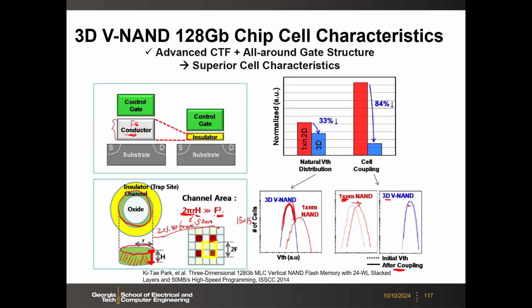The reason is that here the coupling is also reduced because from cell to cell, the distance now is much larger, which is determined by the edge. It's no longer 15 nanometer. It's, you know, tens of nanometer or even 100 nanometer. So it's much thicker. The coupling is also much reduced, and you get more electrons. You get less coupling. Those two critical problems solved, right, in the 2D scaling.